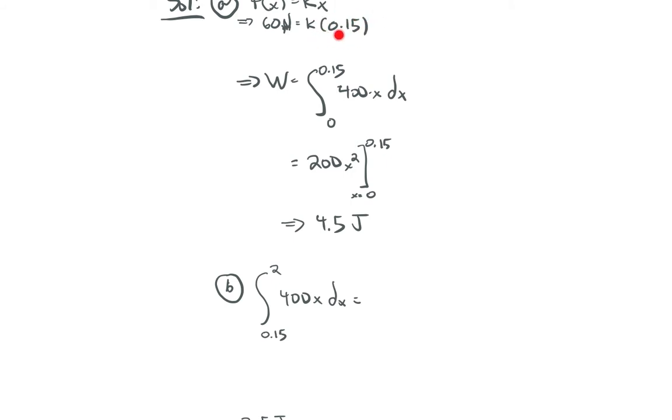So that's 0.15 meters. And we can solve for k here. This just tells us that k must be 400. And by dimensional analysis, you can see that the units are going to be newtons per meter. So that's our spring constant there.